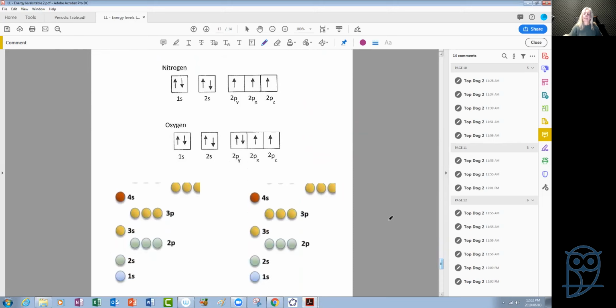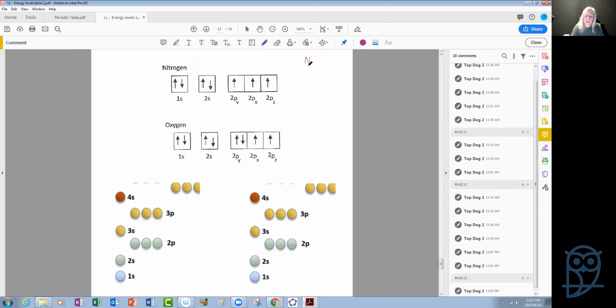Here are the orbital diagrams for the nitrogen and the oxygen. The nitrogen is before the oxygen in the periodic table. It has 7 protons, and the oxygen has 8. I mean, this is the number of protons, just the atomic numbers, 7 and 8. Okay, so for nitrogen, its first 2 electrons are in energy level number 1.